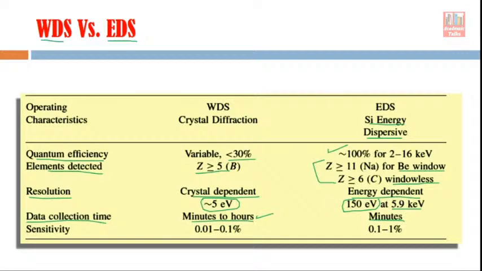There is no such complexity in the case of EDS, so the data can be collected in a very short time. If you talk about sensitivity, it is much better in WDS as compared to EDS, right? Here the detection limit is 0.01 to 0.1%, while in the case of EDS it is 0.1 to 1%.